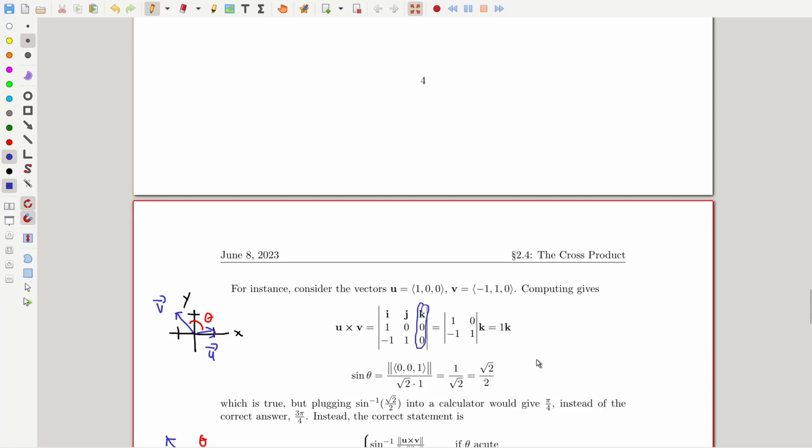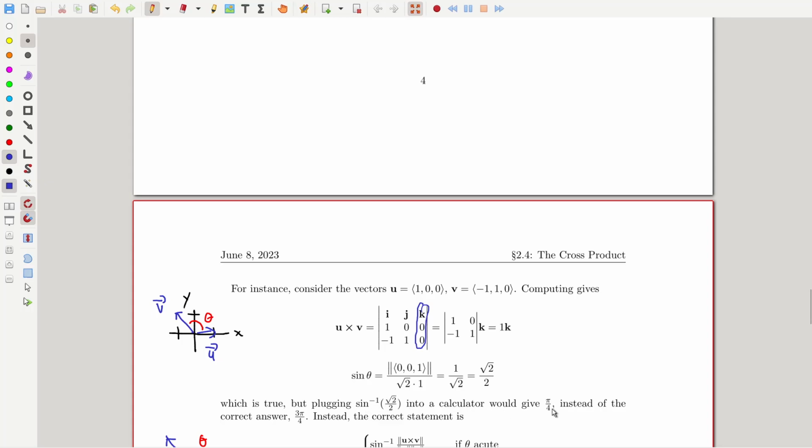You should also hopefully recognize that there are a multitude of answers. There's a whole collection of numbers, such as adding 2 pi k, right? But the calculator will give you just one answer because it treats inverse sine as a specific function with one specific output.